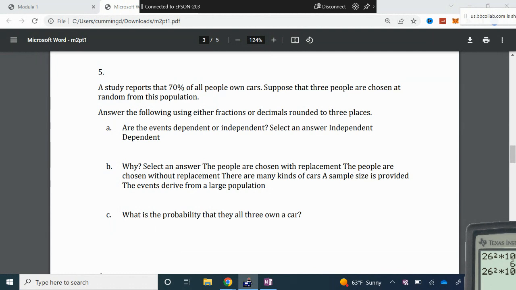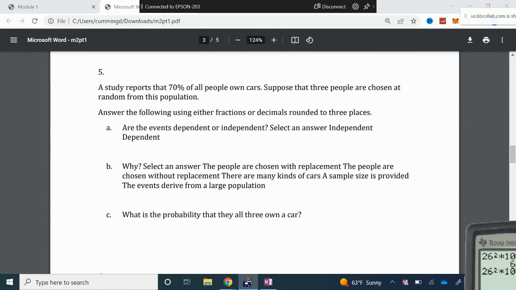So let's take the first one. Are the events dependent or independent? What does that mean? Let's just say everybody in this class. If I were to ask this gentleman if he owns a car or not, does that have anything to do with this gentleman owning a car? It doesn't.